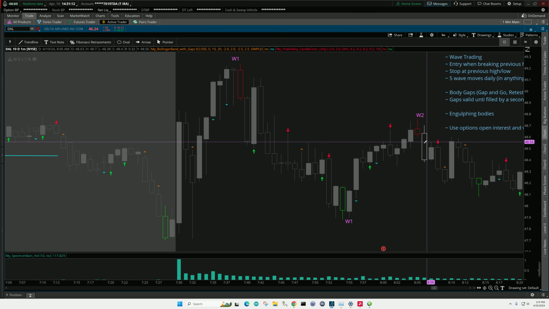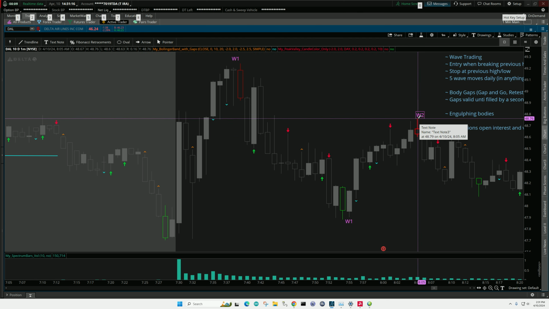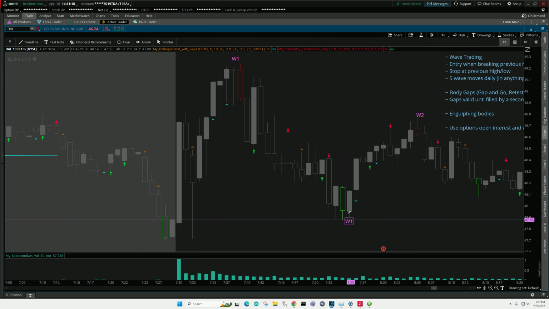So if you got short in here, then your stop is still here and you wouldn't have gotten stopped out. Now what I'm looking for is to go short when price starts breaking wave one, because in all of my time trading, I see that there are multiple waves developed throughout the day.